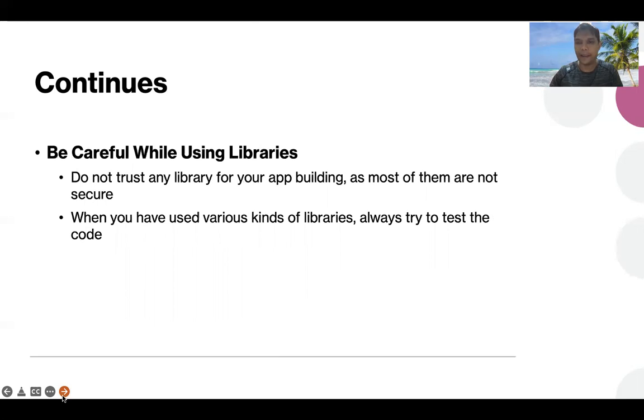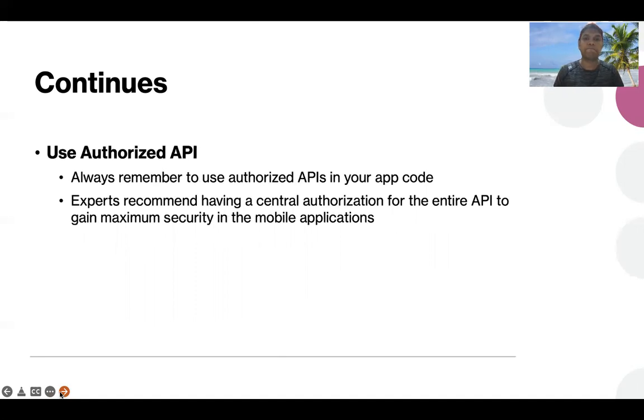You need to check before you use that library. The next one is authorized API. We have examples of APIs, of course, from Google: API for Google Map, API for payment. We have a lot of standard APIs, so you need to use only authorized APIs.